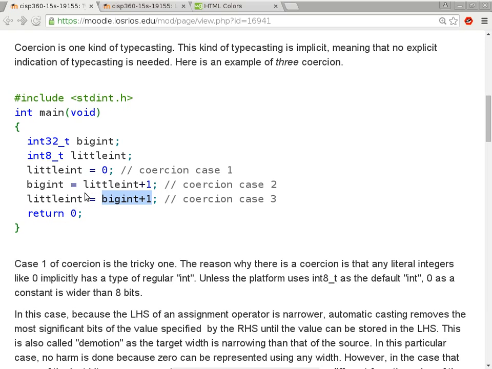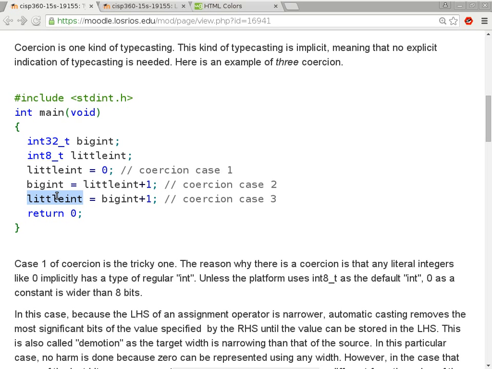But where we want to store it is only 8-bit wide. So once again, we end up with a situation like the first one, which is we want to store a 32-bit number into an 8-bit integer, and the result is it has to do a typecasting. So in this case, just like the first case, we will lose the most significant 24 bits and only store the least significant 8 bits into the variable.